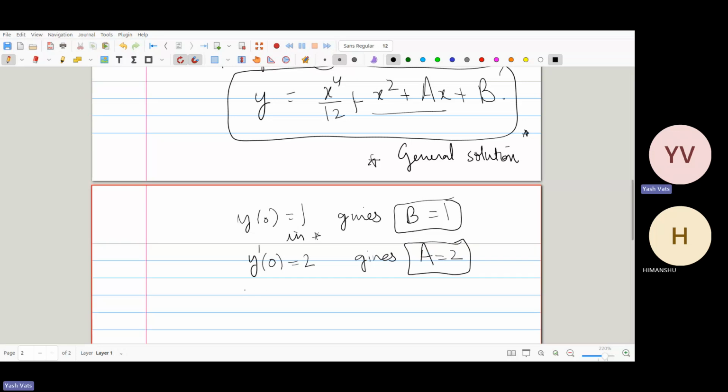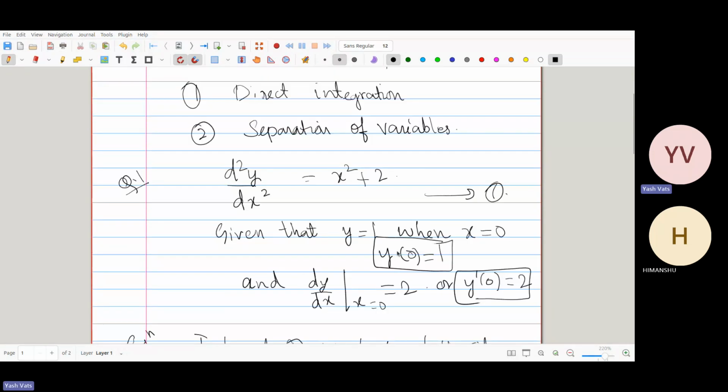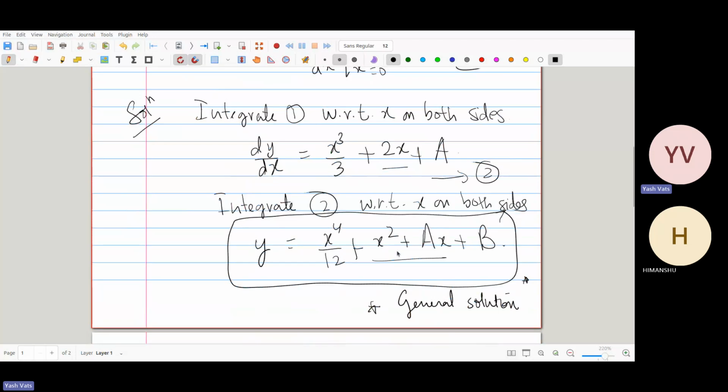So the required solution is basically this one. That is the simple way to solve a second order ordinary differential equation.